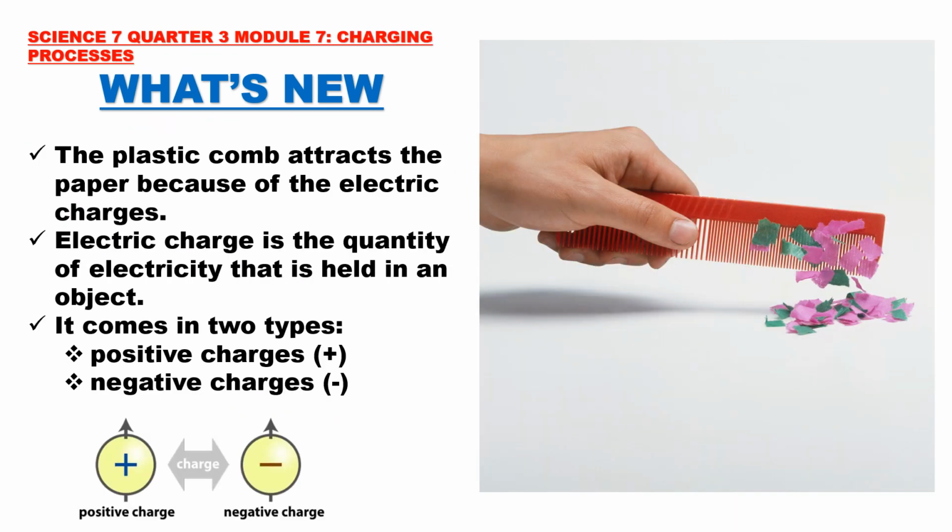The plastic comb attracts paper because of the electric charges. Electric charge is the quantity of electricity that is held in an object, and it comes in two types. So we have positive charges and negative charges. So a positive charge is represented by a plus sign, and a negative charge is represented by a negative sign.